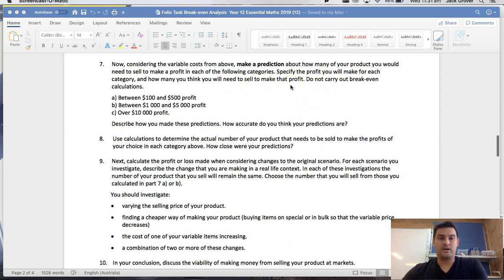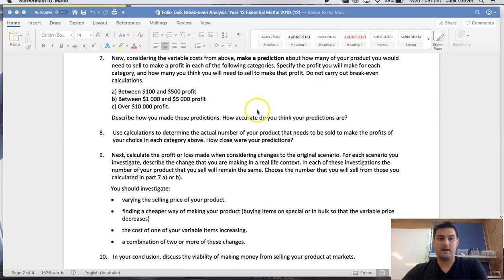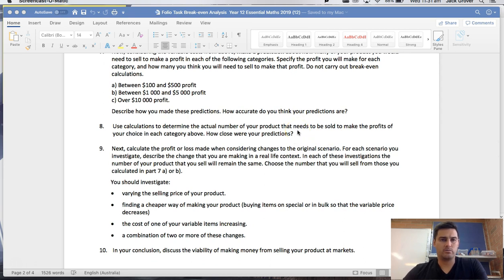And then what you need to do in question 8 is actually do the calculations for how many of your product you need to sell to make that sort of profit. All right. And then comment on how close your predictions were.